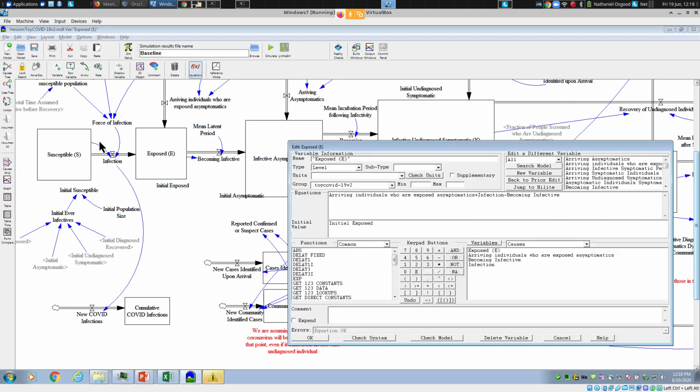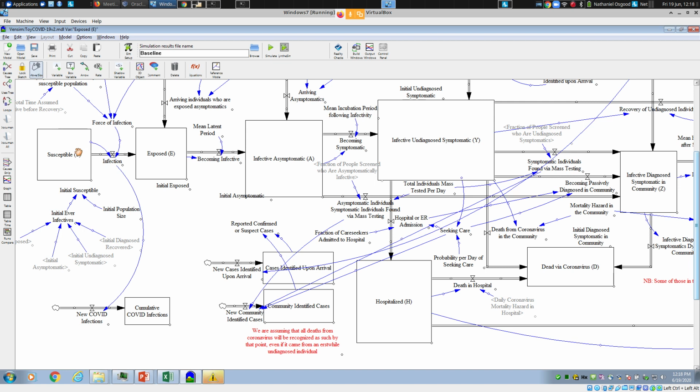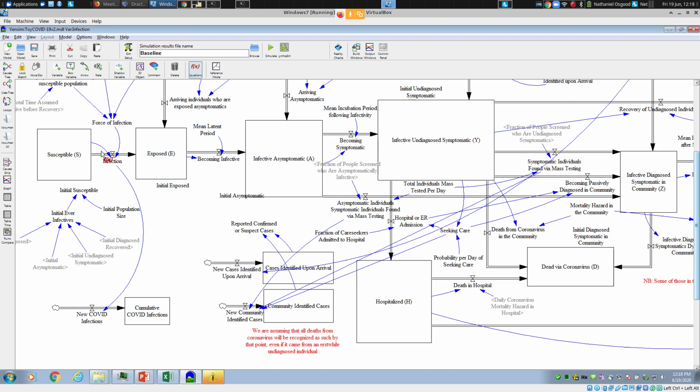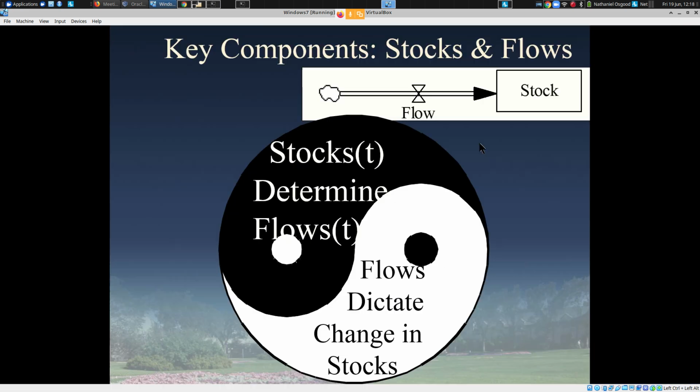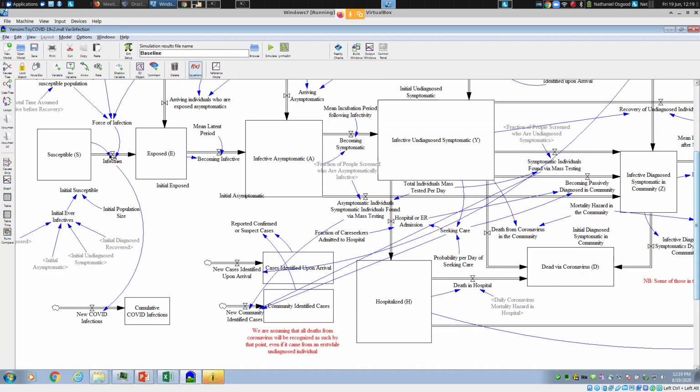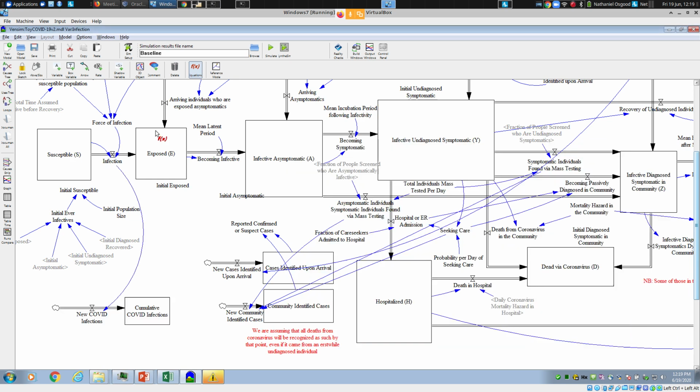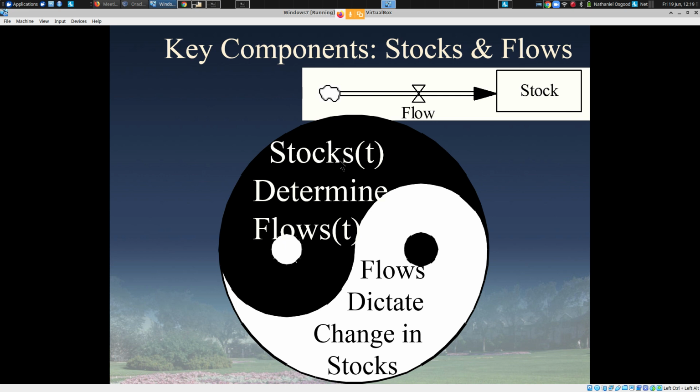At any one time, the stocks collectively determine the values of flows, just like susceptible determines the values of infection here. Okay? The value of number of people in susceptibles determines the value of infection. So it is with the stocks determining the rate of flow across the entire system. How many people flow down here depends on the value of the stock. And so we say that the stocks determine the flows.